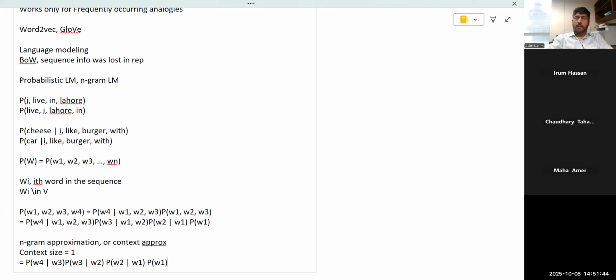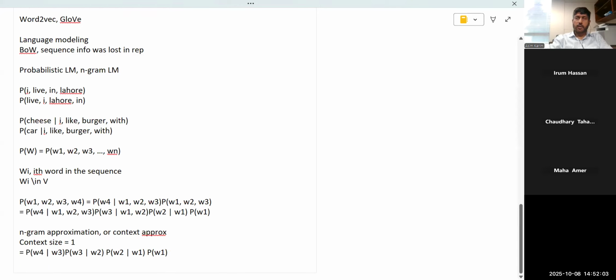So the context is just the preceding word. Now my full sequence has been simplified to a form where I need the conditional probability of a word given its preceding word. This model, in which we take only the preceding word as context, is called the bigram model. Bigram means that it takes two words at most in running text.